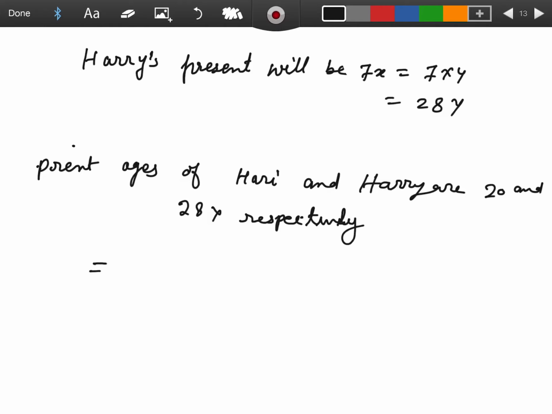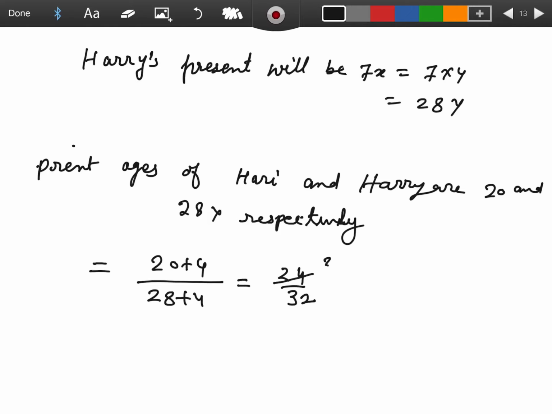Now after 4 years, that is 20 plus 4, Hari's age will be 20 plus 4 and Harry's age will be 28 plus 4, that is 24 upon 32.